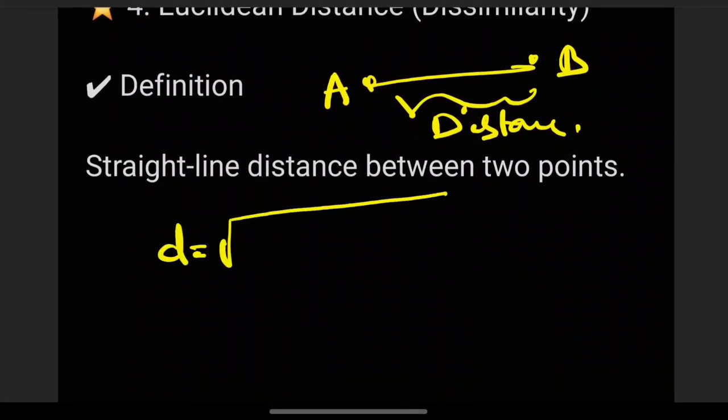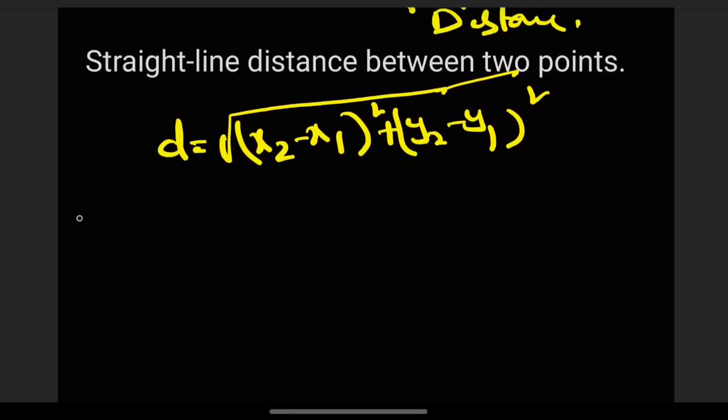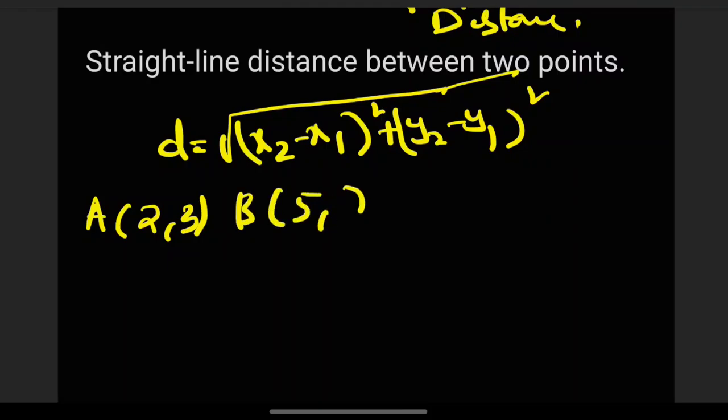D is equal to under root x2 minus x1 whole square plus y2 minus y1 whole square. This is the formula for Euclidean distance. I am computing one example here. So I am having points A 2, 3 and B 5, 7.